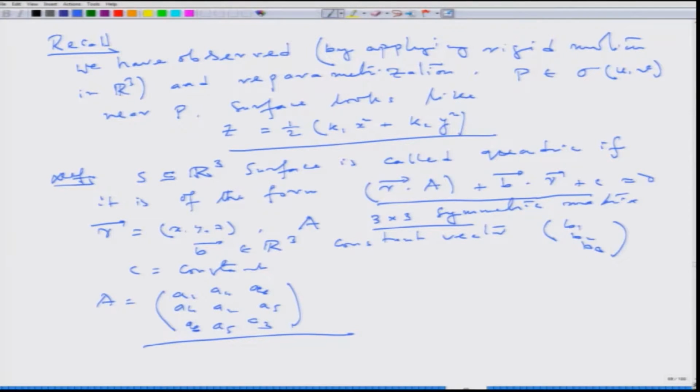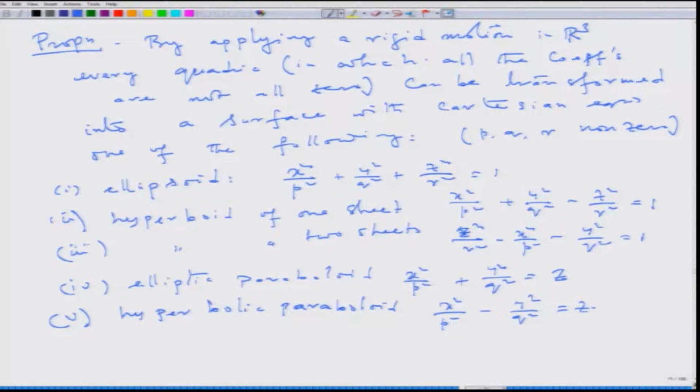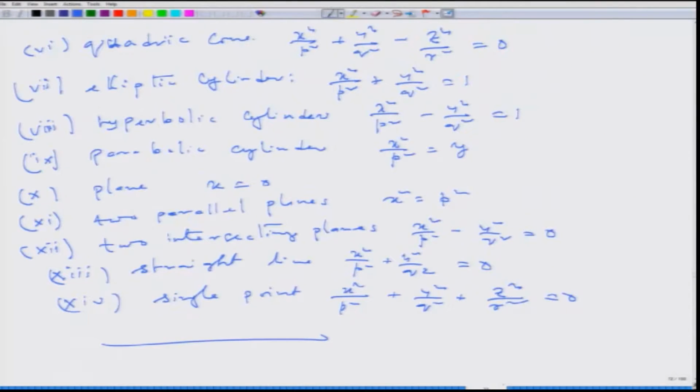Now, by translation, depending on the entries of the diagonal and B1, B2, B3 and C, you will get one of these equations 1 to 14. So, the proof is very easy, you can try it yourself. For instance, one may continue with many examples. I will write down one example in assignment 4.